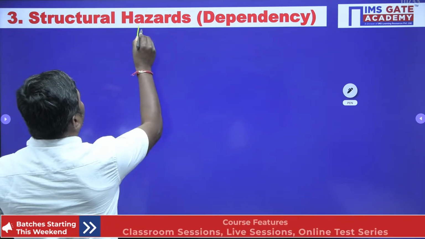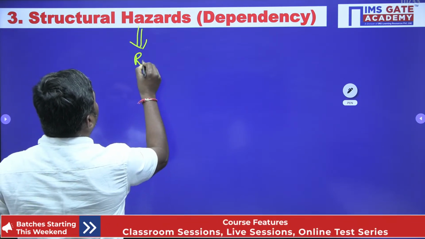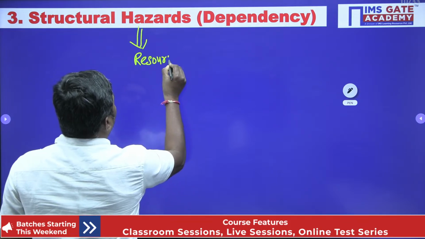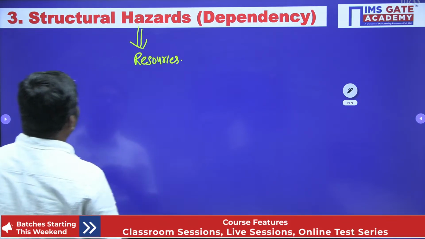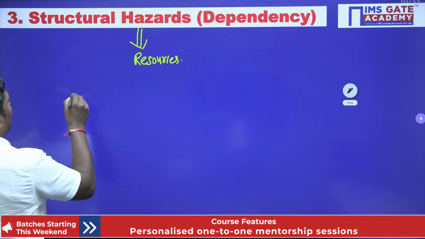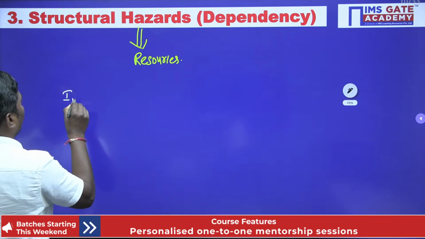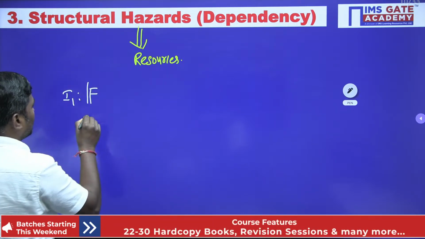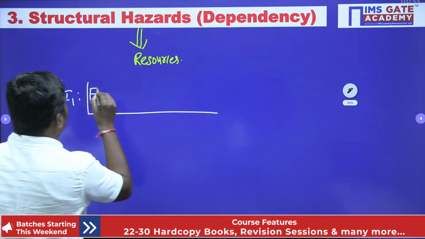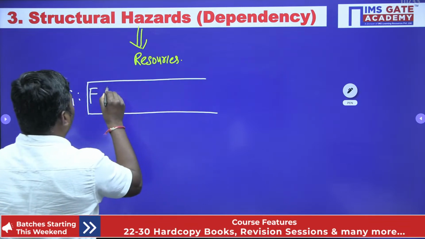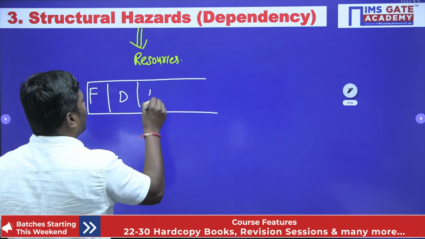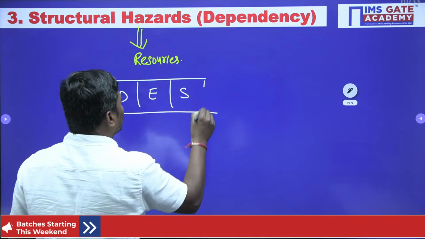Generally this problem arises due to limited resources. So what are the limited resources, sir? Observe. Suppose I'm using the 4-stage instruction pipeline. I'm fetching instruction 1, followed by decode, followed by execute, store the results.